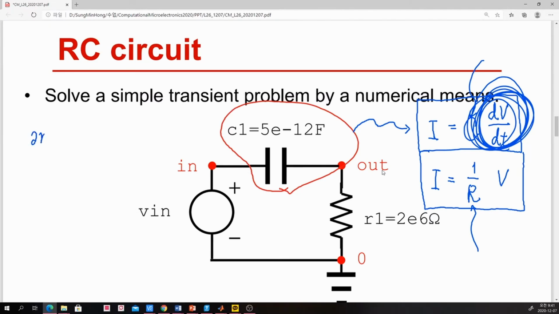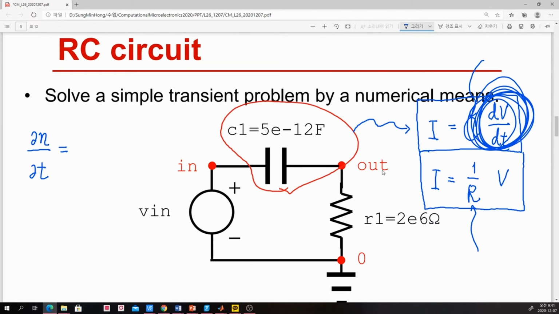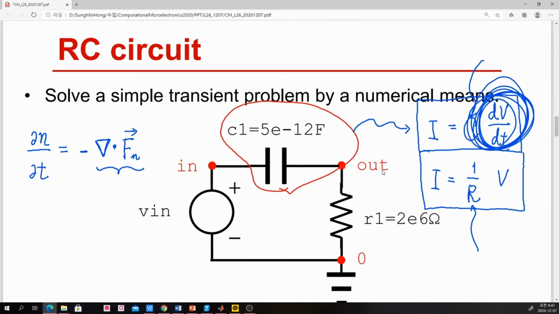When we talked about the continuity equation, we had to understand this one: partial n over partial t. The partial derivative of our electron density at a given position is simply given by the divergence of our flux, and we have a negative sign because a large divergence term means that our electrons are escaping from a certain position.